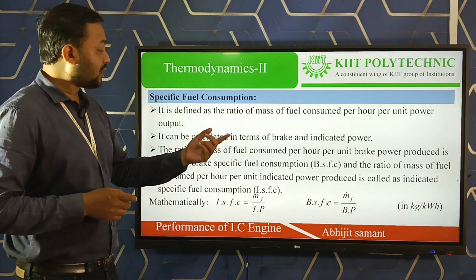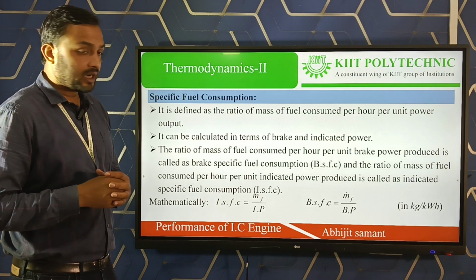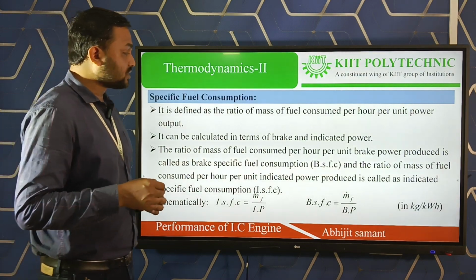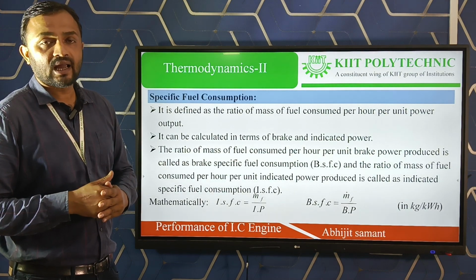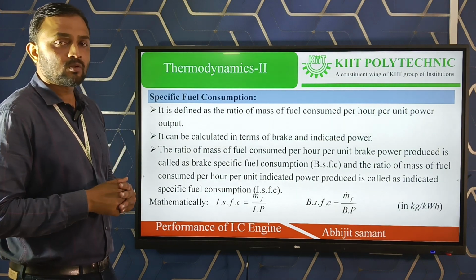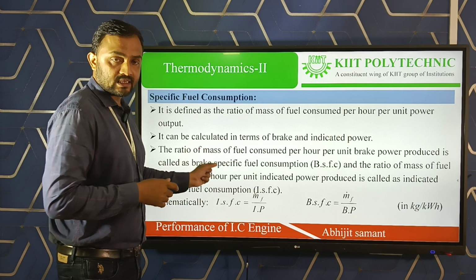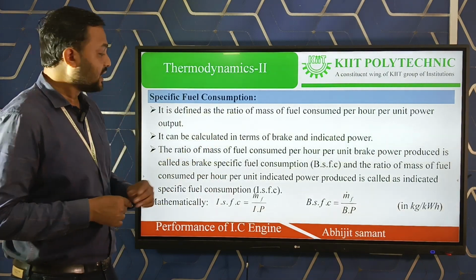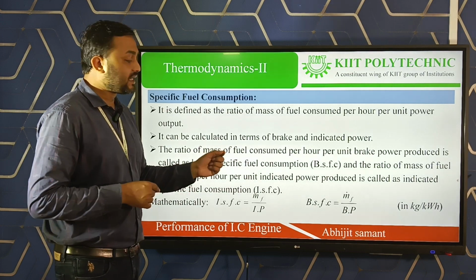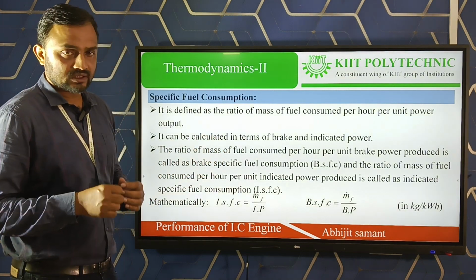Otherwise, the ratio of mass of fuel consumed per hour to the indicated power produced is known as your ISFC, indicated specific fuel consumption. So BSFC is your brake specific fuel consumption and ISFC is your indicated specific fuel consumption.